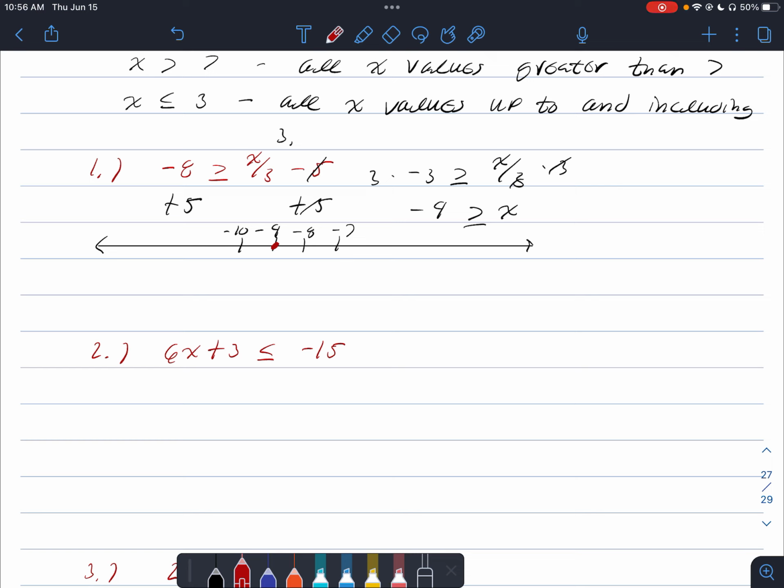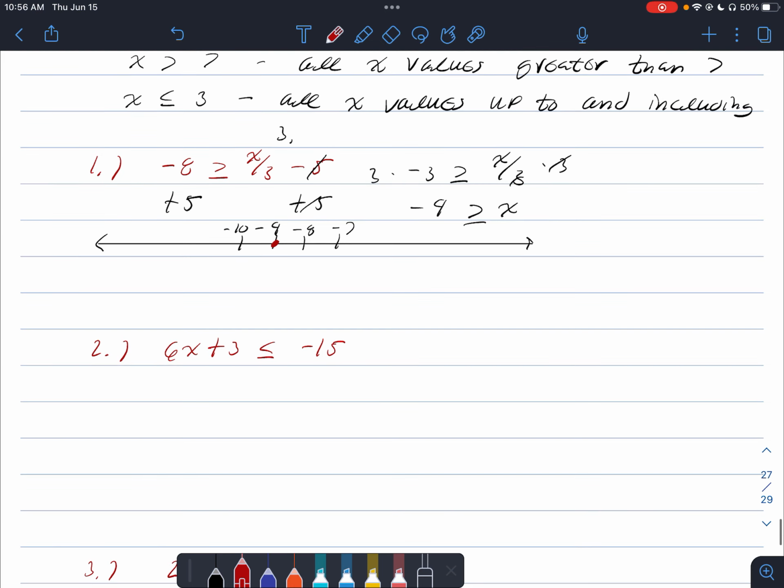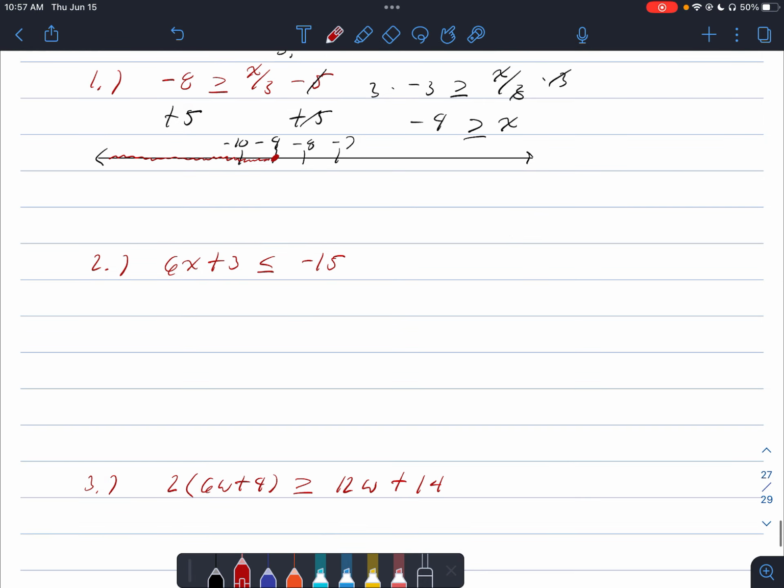We want all values of x that are less than, so go all the way back to elementary school: the alligator's mouth is opening to the -9, so -9 is greater than or equal to x. We shade in everything to the left on the number line, looking for all x values less than or equal to -9.